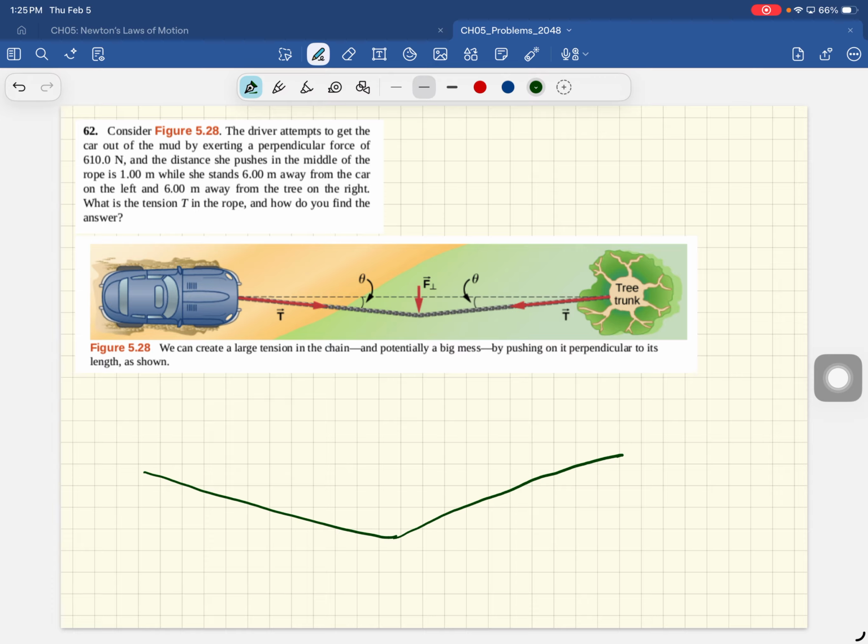So the force you need to apply is mg sine theta plus ma.